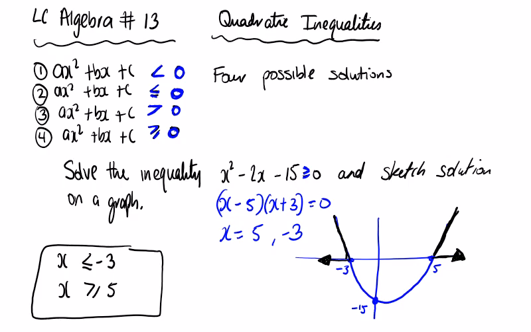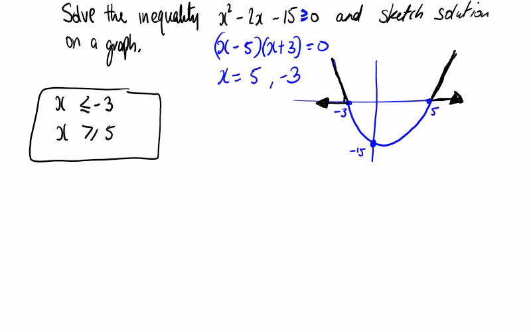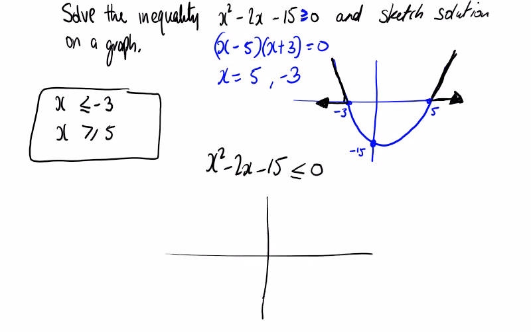If it said, and we'll use the same one again, if it said x squared minus 2x minus 15 is less than or equal to 0, the sketch would be only a sketch, so it doesn't have to be to scale, but just try and have it scalish. 5 and minus 3, if scalish is a word.